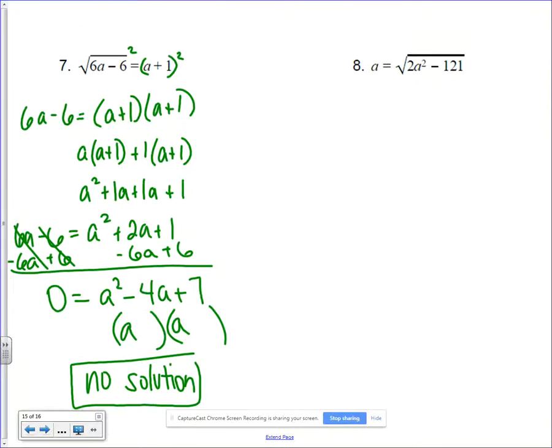Let's do number 8. Got anything outside the radical you got to get rid of? So what are you going to do? Good news. That's not a binomial. So what's a squared? Okay. The other side just loses its radical. Now what? Yeah, I want to get it to 0, don't I? So what's your new equation?